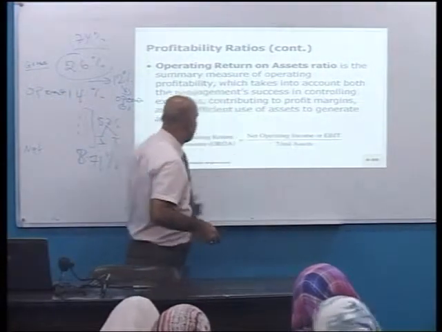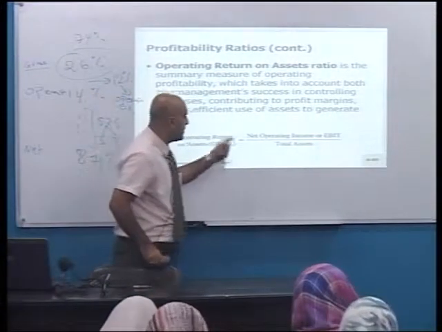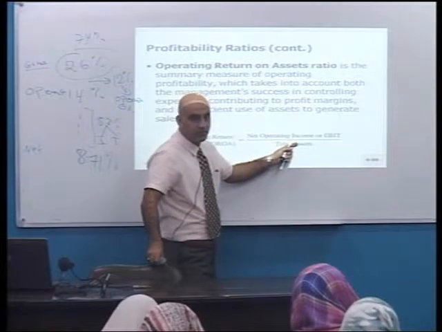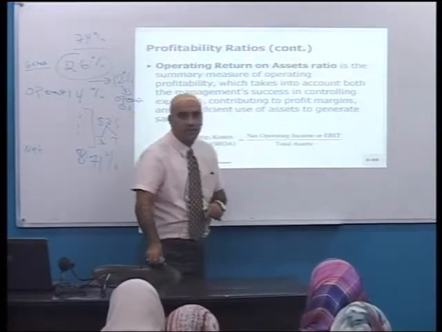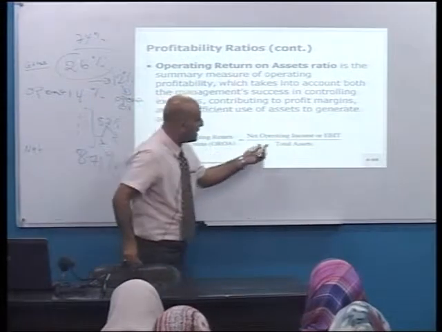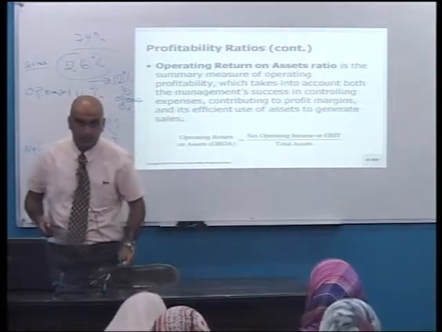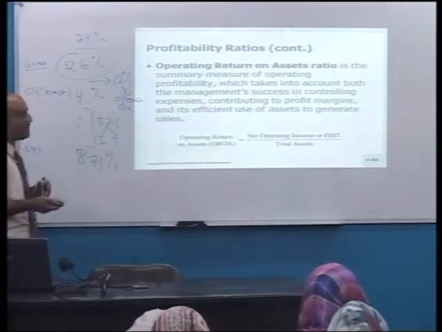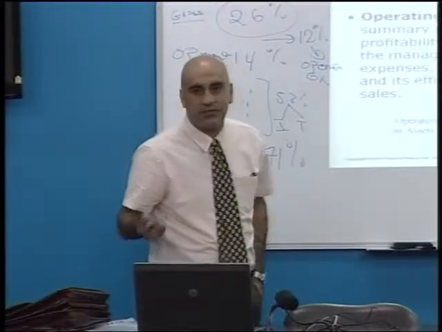This operating return on assets is calculated by net operating income, which is earnings before interest and taxes, divided by the total assets. It means for $1 invested in total assets, how much is generated as operating income. Or in other words, how many times the operating income covers the total assets.